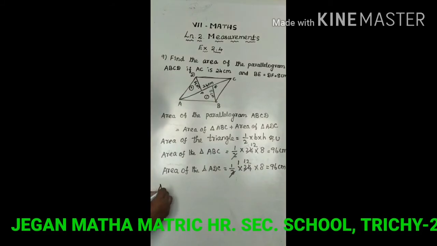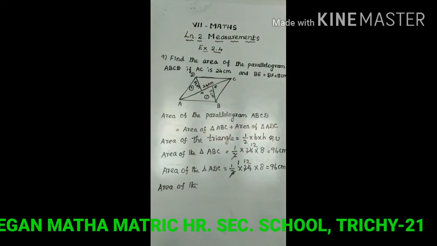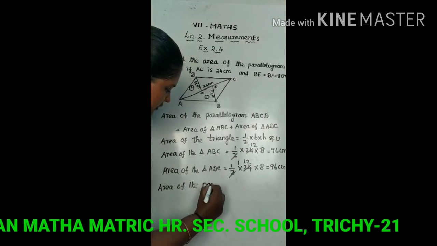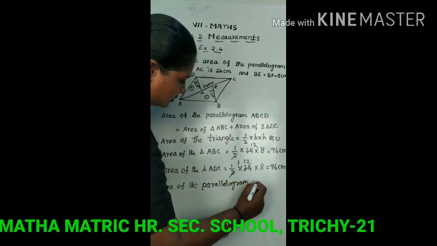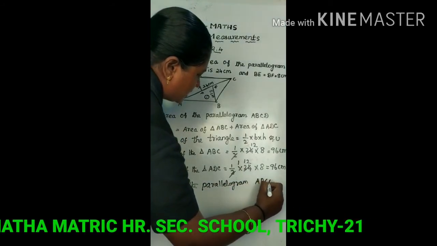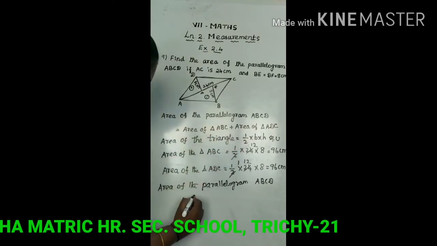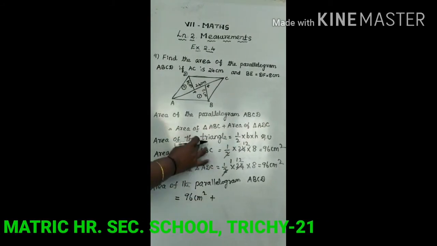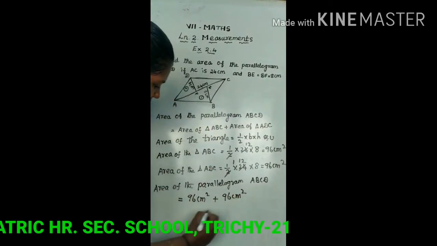So the total area of the parallelogram ABCD is the area of triangle ABC, 96 centimeter square, plus the area of triangle ADC, 96 centimeter square.